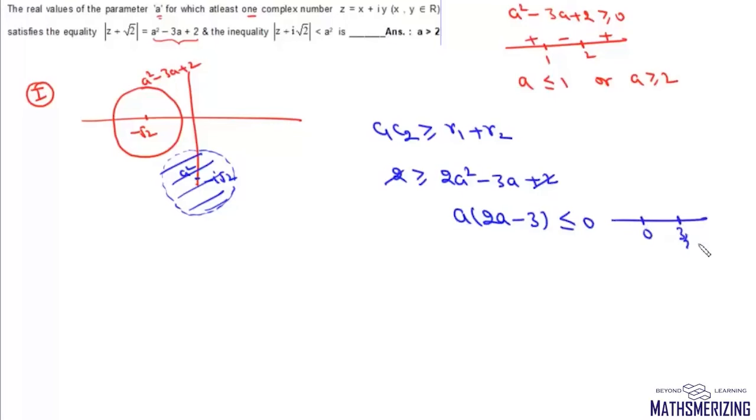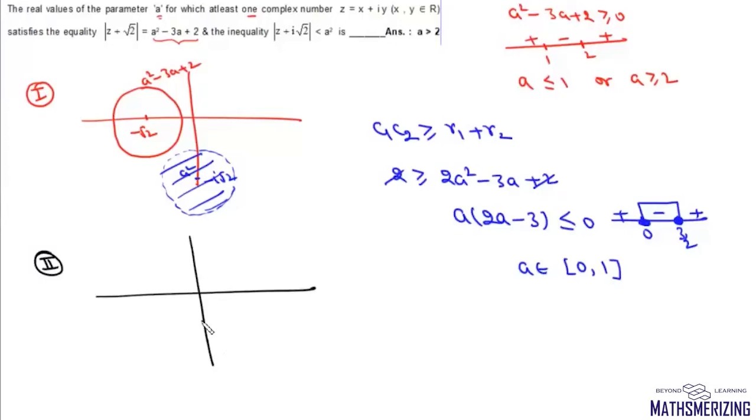This is 3 by 2, plus minus and plus. So they won't have any solution when a lies between 0 and 3 by 2. But the value of a should be less than 1. So this first case will be when the value of a lies between 0 and 1.